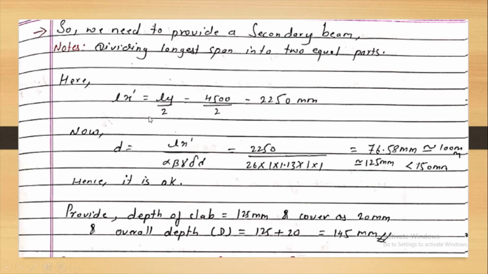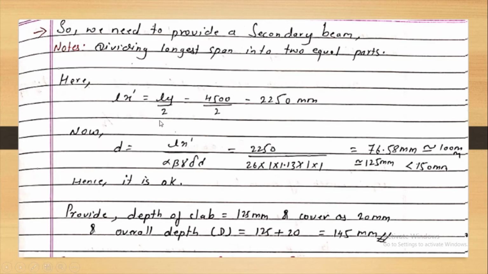Lx prime is the new dimension of the divided slabs, which is half of the longer span. By calculating this value, we're getting 2250 mm, which is less than 4500 mm. The previous shorter span was 4500 mm.